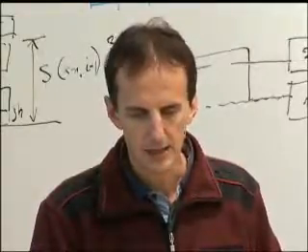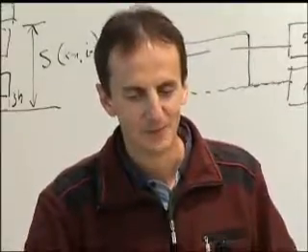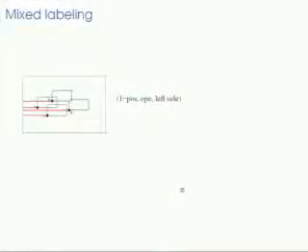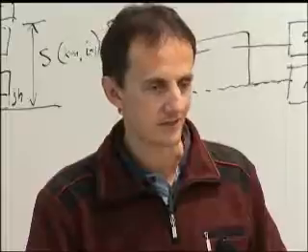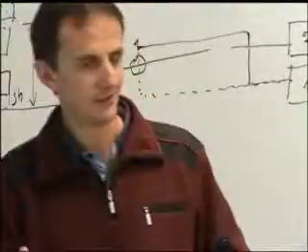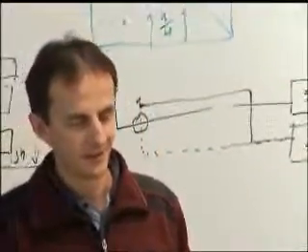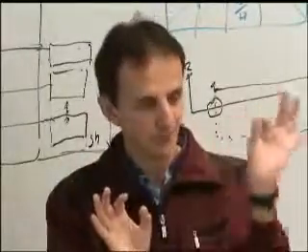So that's if you go to the right-hand side. If you go to the left, then the thing stops. The observation is not true anymore. It's not symmetric, because the point is not in the middle, but at the left.